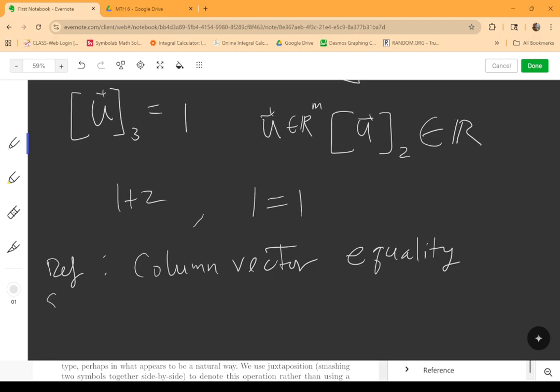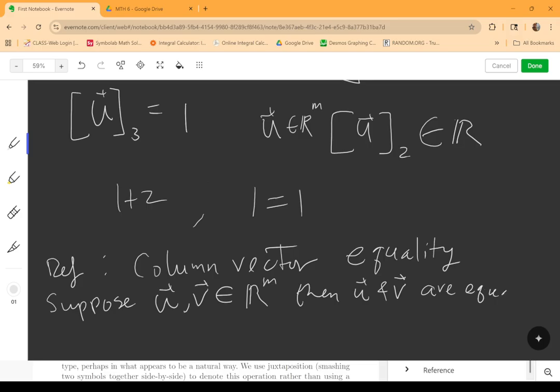Okay, so we suppose u and v are an element of R to the m, then u and v are equal if, and by equal, I use this notation.